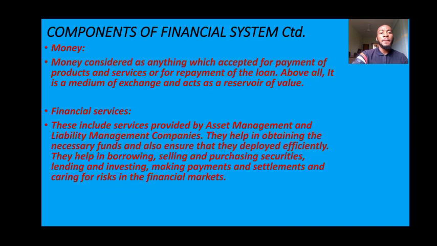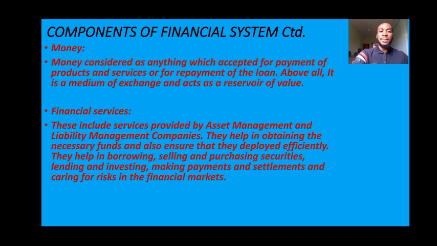So here, money as a component, which is a part of the financial system, works as a medium of exchange, or is accepted for the payment of goods and services. Now, in this case, a merchant, for instance, or a business owner that wants to run a business needs money to do what?